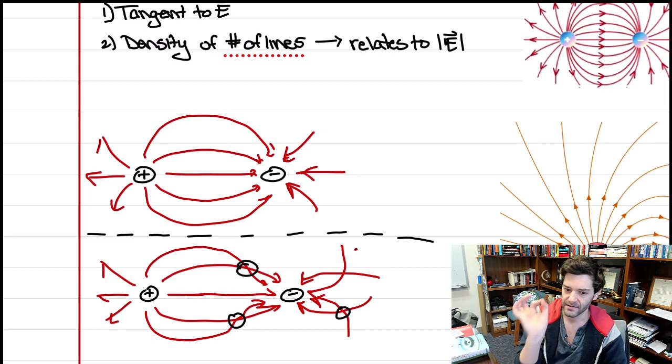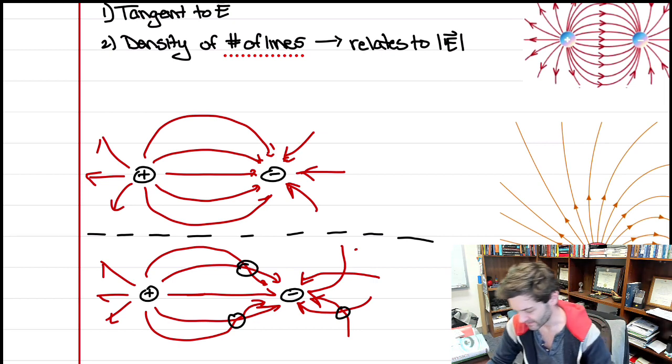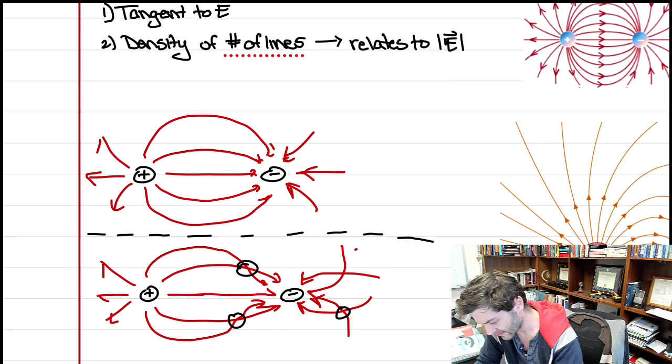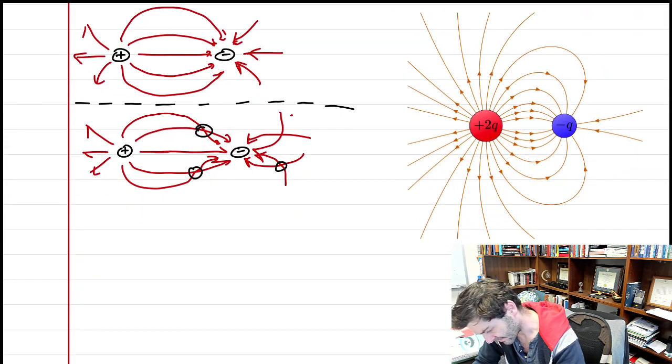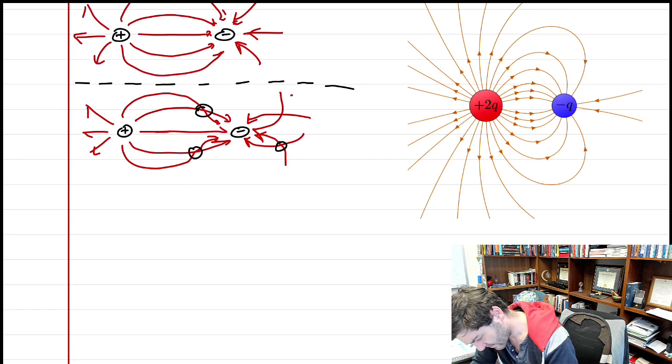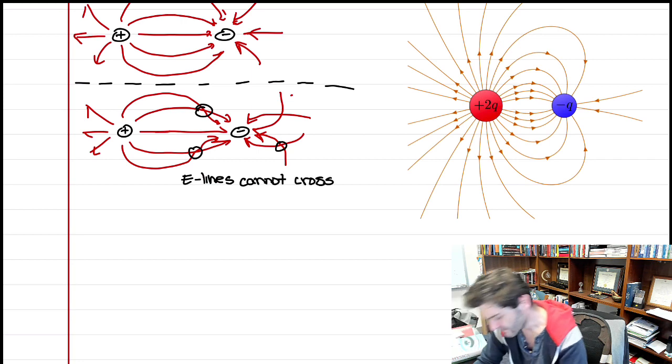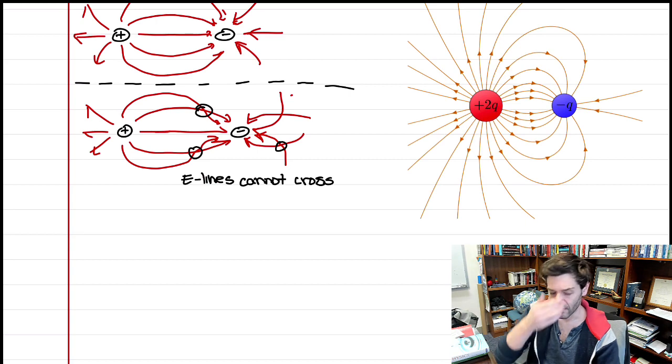If the electric field lines are supposed to be tangent to the electric field vector, then electric field lines cannot cross. So I might say here, E lines cannot cross. And why is that?